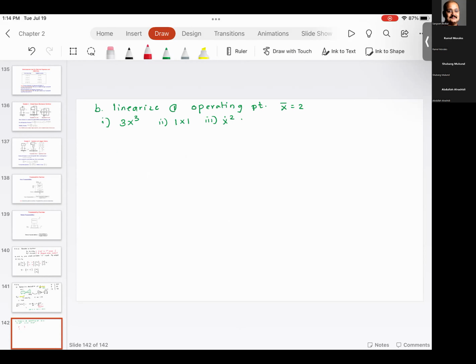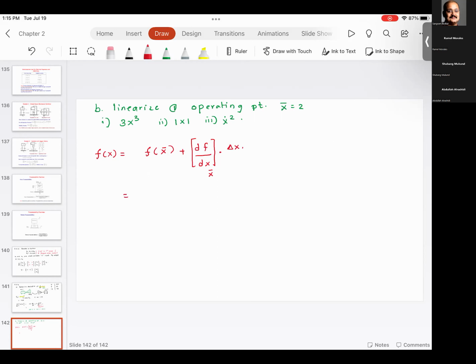Taylor series expansion of f of x is f of the operating point x bar plus df by dx, this value at x bar, multiplied by the variable delta x.